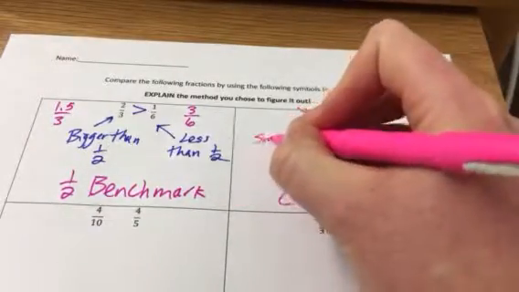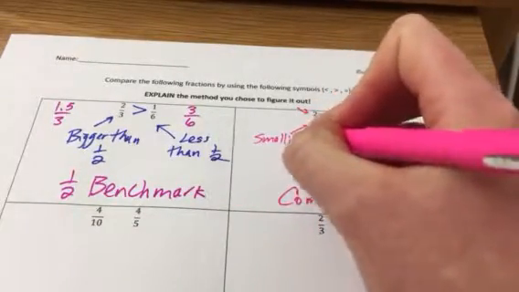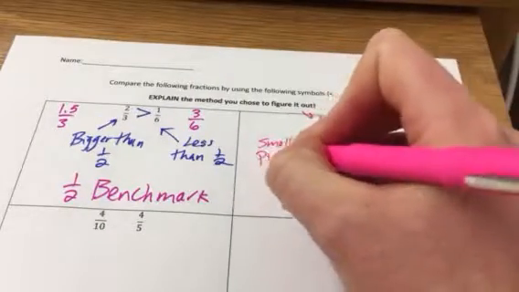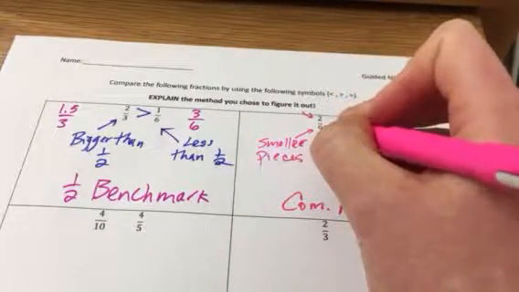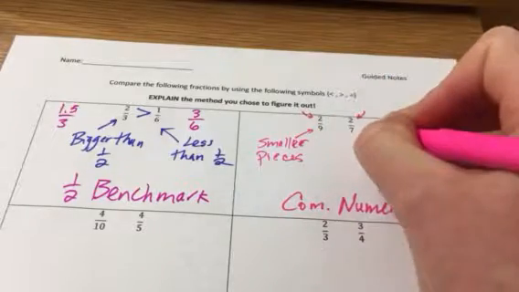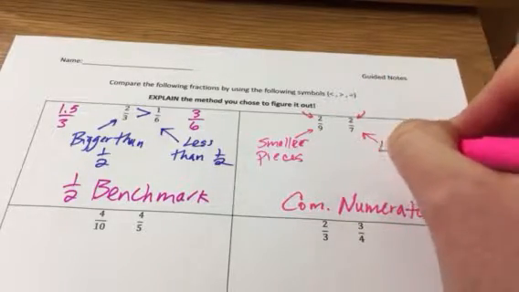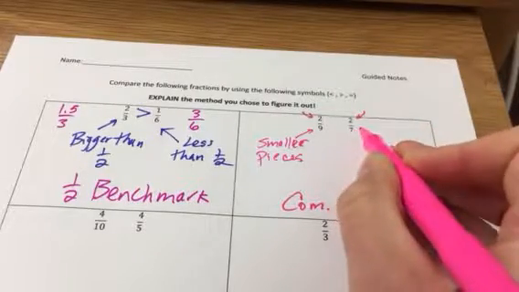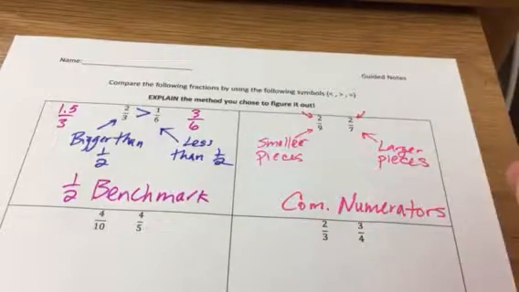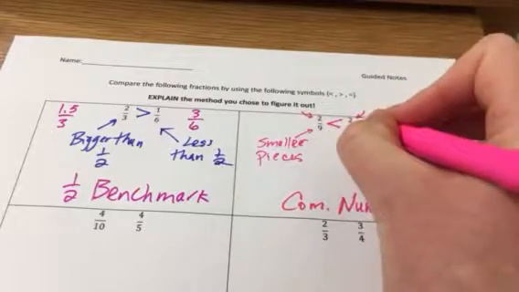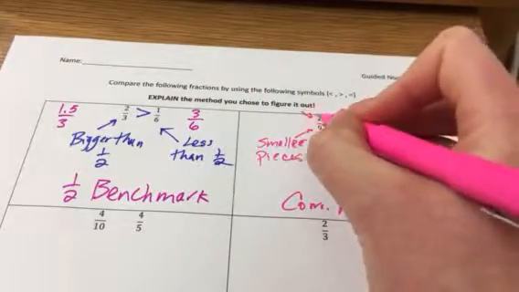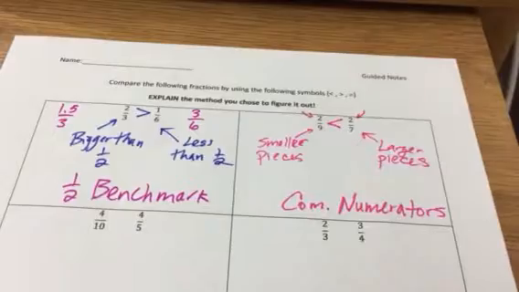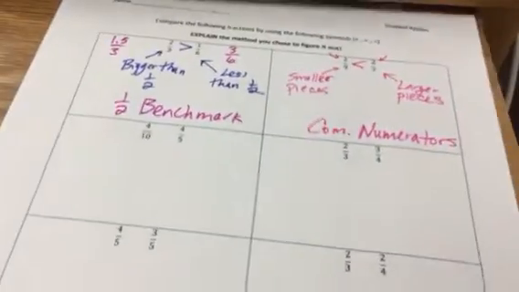This is smaller pieces, because the denominator is bigger, because I'm making more cuts. These are larger pieces because the denominator is smaller, which means you made fewer cuts, which yields bigger pieces. So 2 of these bigger pieces is bigger than 2 of the smaller pieces. That was our common numerator route.